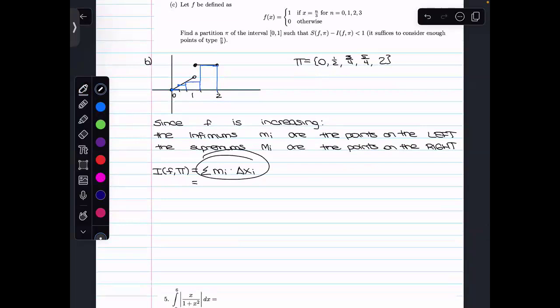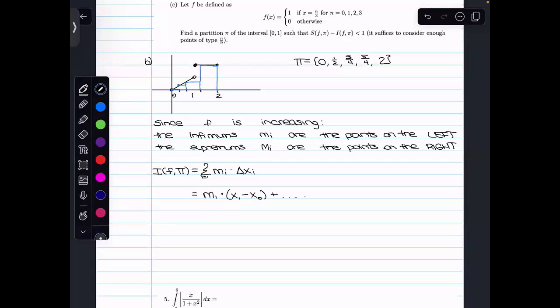So this is just taking the areas of the rectangles. You're just doing height times length, which is the regular area of a rectangle. For the first one, the height is m1. I'm just going to write it formally for now. Then the length would be the difference between x1 and the one before it, so x1 and x0.